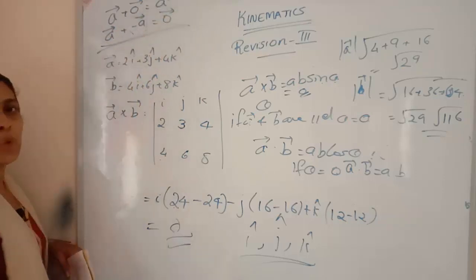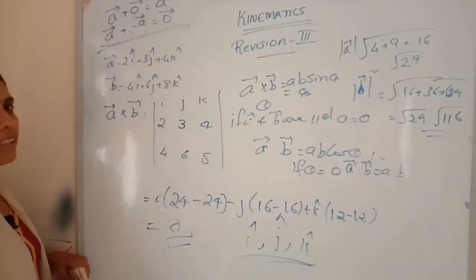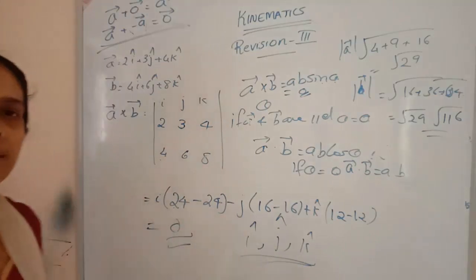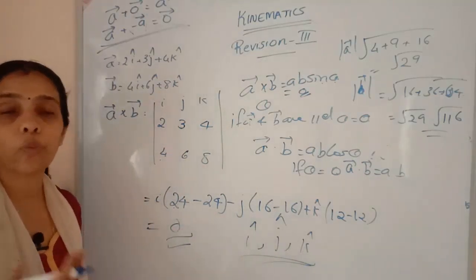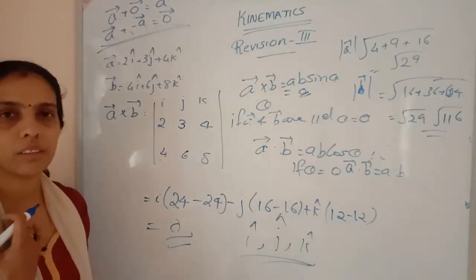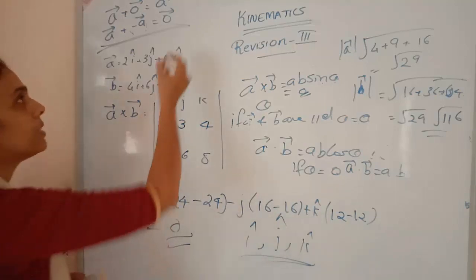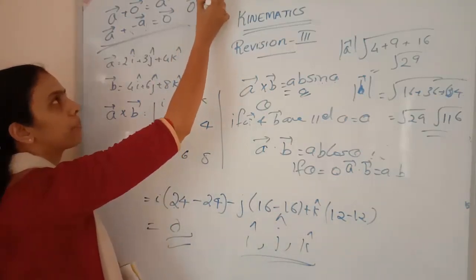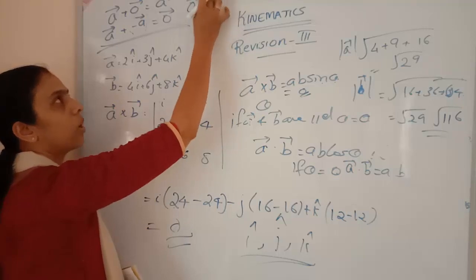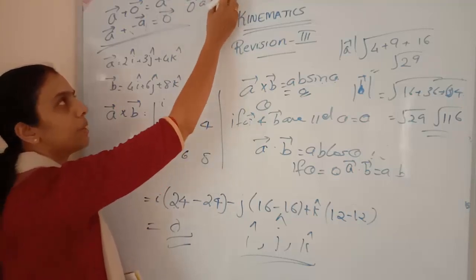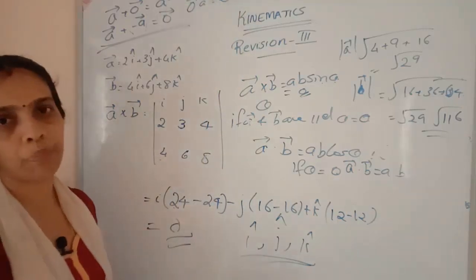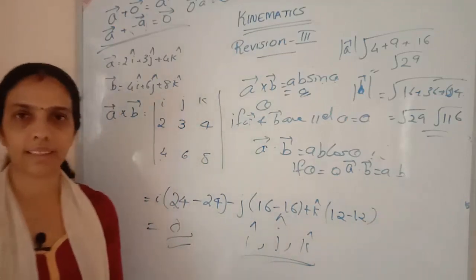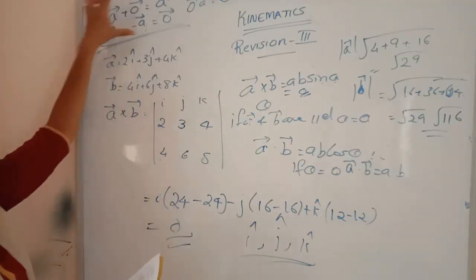As a zero vector. Okay, clear? So these are the importance of zero vector in our physics. Also, zero vector multiplied by A will be equal to a zero vector. Like that we can represent. This is the importance of zero vector.